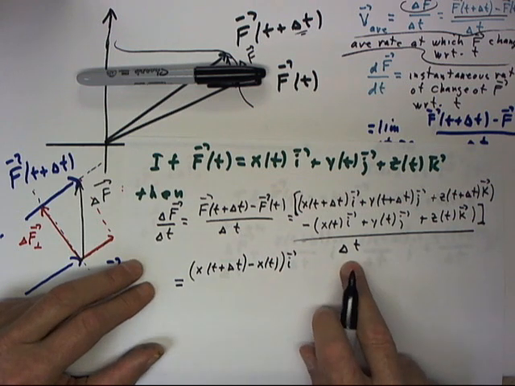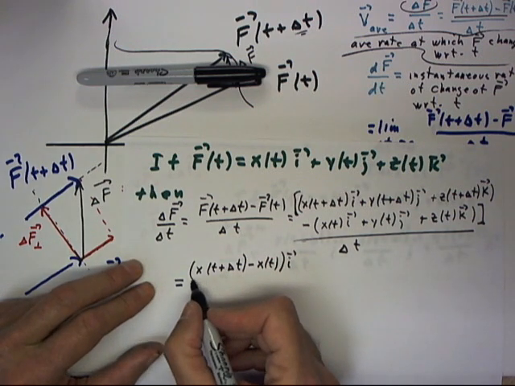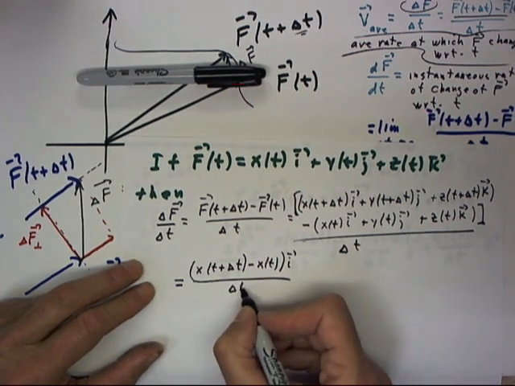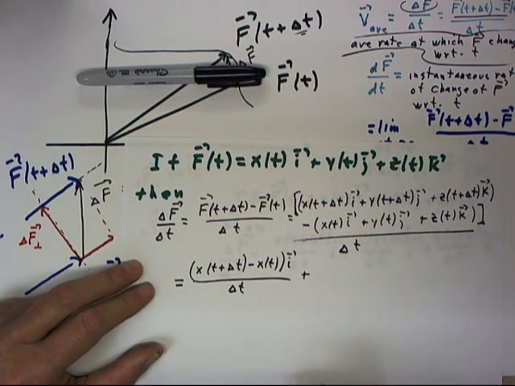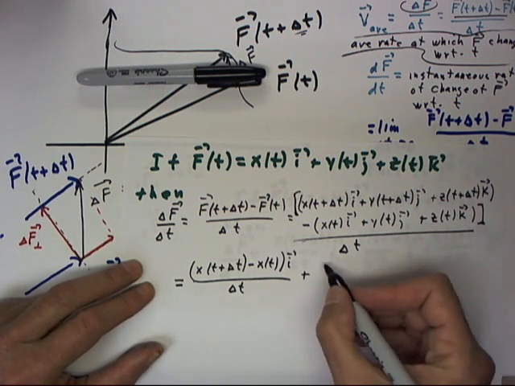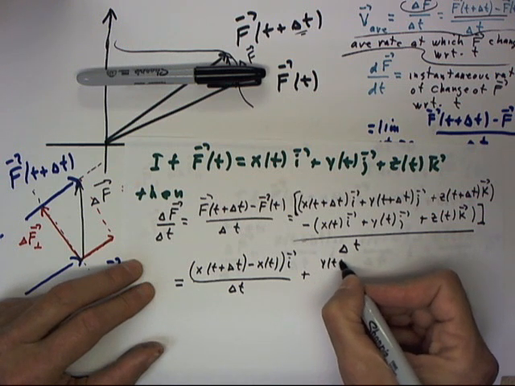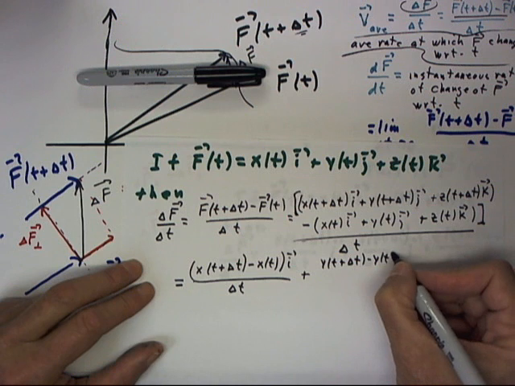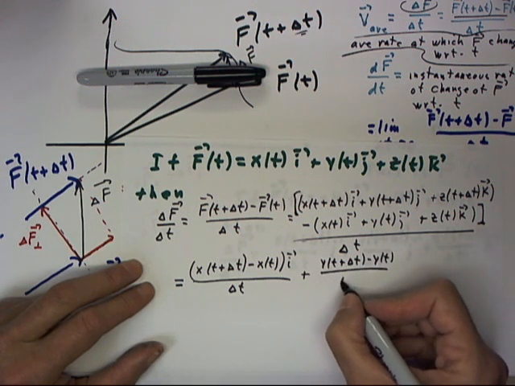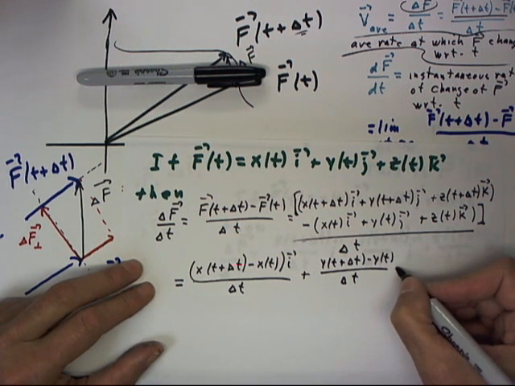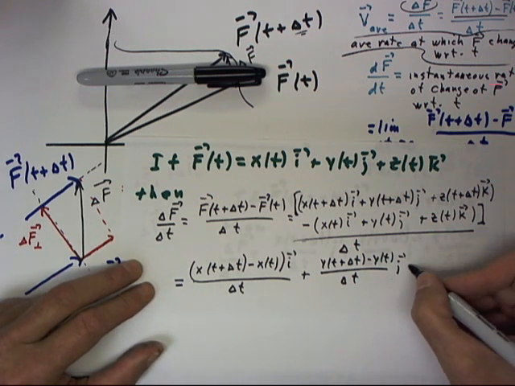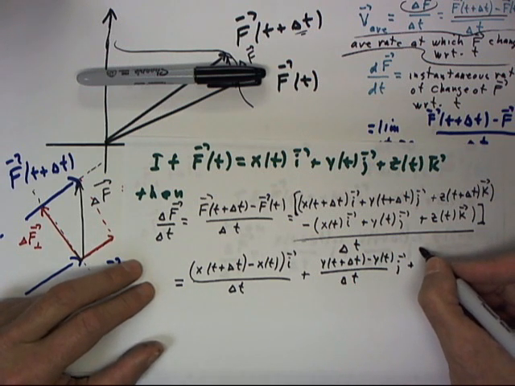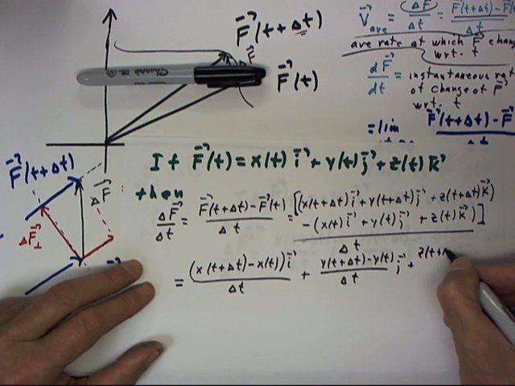And I'm also going to distribute my division by delta t, so I'm going to have this over delta t. And then on the j component, we're going to have y of t plus delta t minus y of t divided by delta t, and that is times our j vector. And then we're going to have a very similar term for the z.